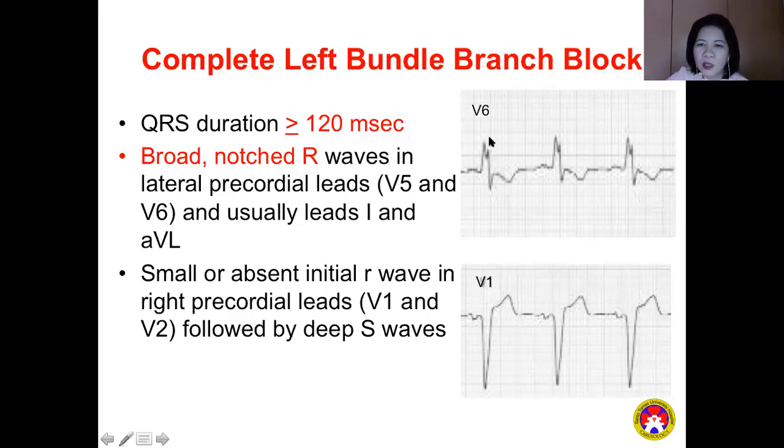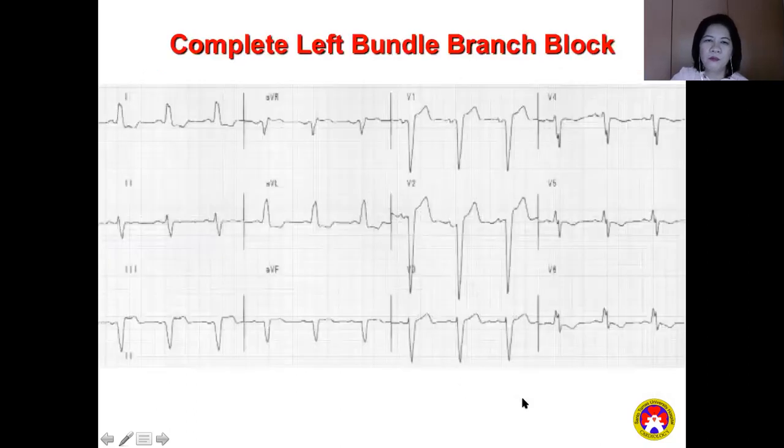So if you see this, this is complete left bundle branch block. Like this one, you see a very deep S, a wide QRS complex in V1, and in V6 and lead 1, you see a notched R.